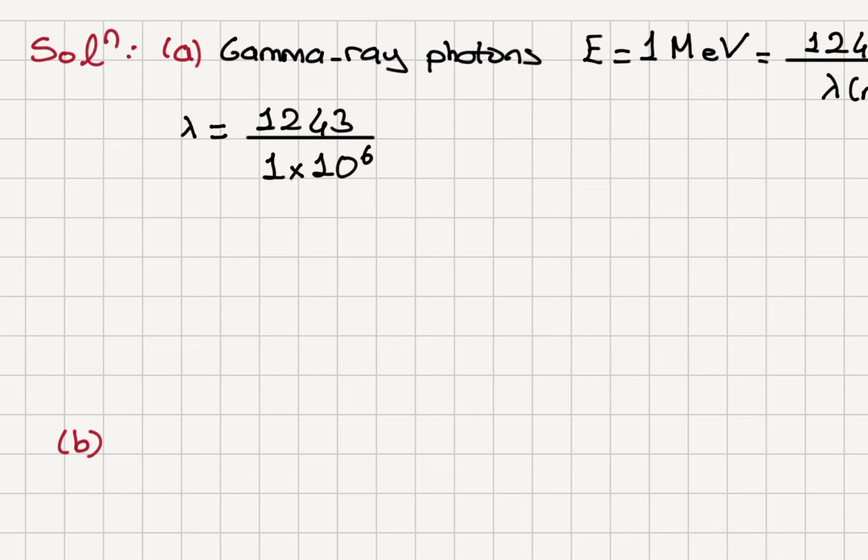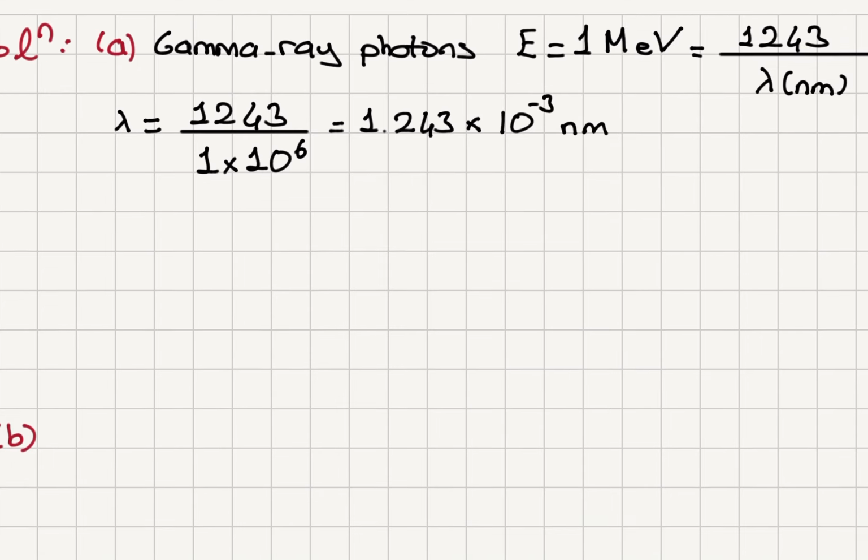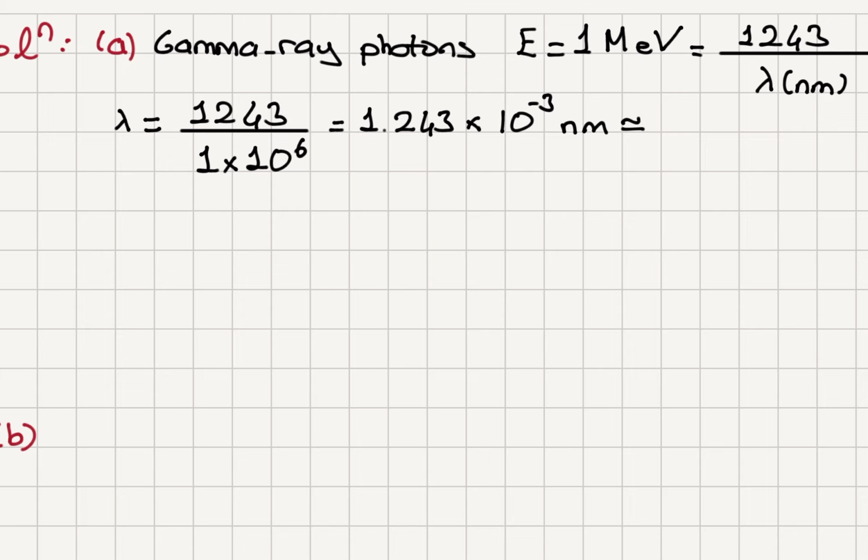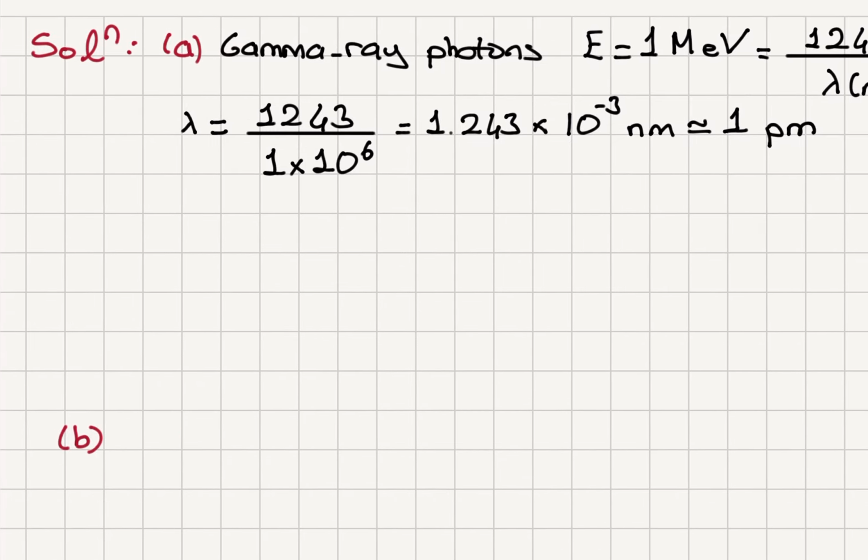So this gives us 1.243 times 10^-3 nanometers. And that's actually what we call roughly 1 picometer. So that's the wavelength of the gamma rays.